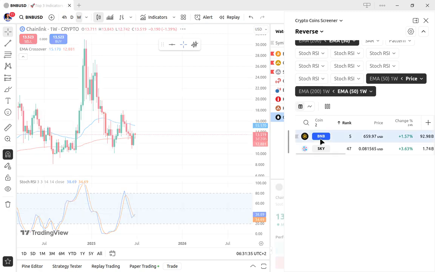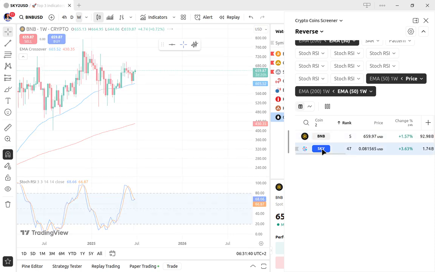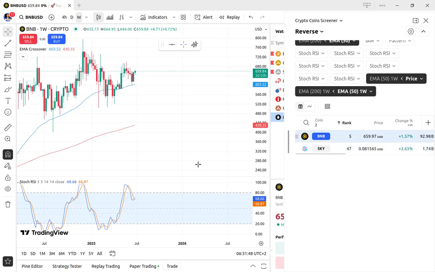All right, so we only have 2 trending coins in the Binance ecosystem. So Binance chain, yes, I would definitely watch it. The BNB chain is something I would watch out for.